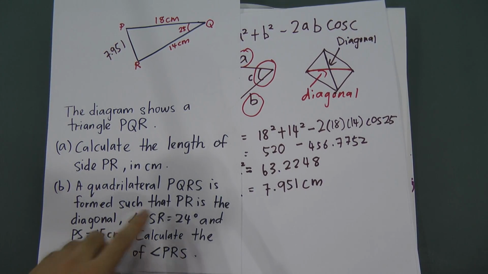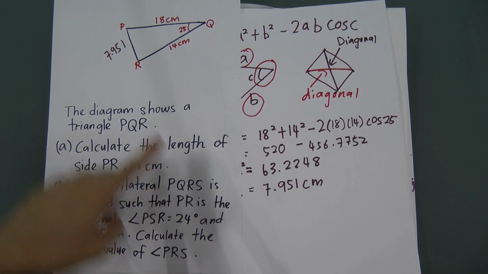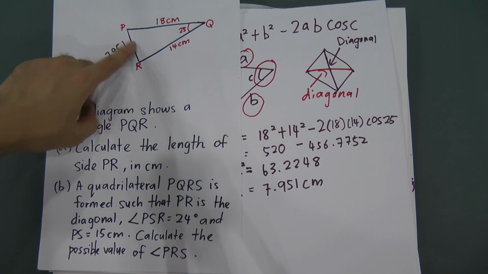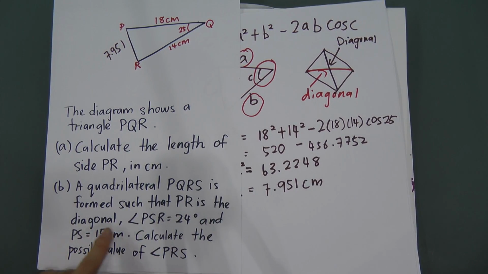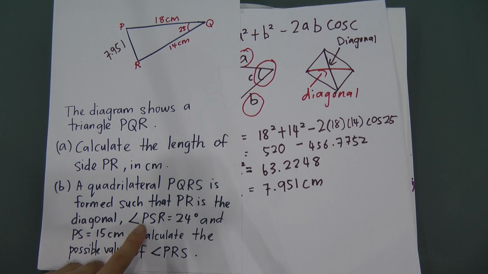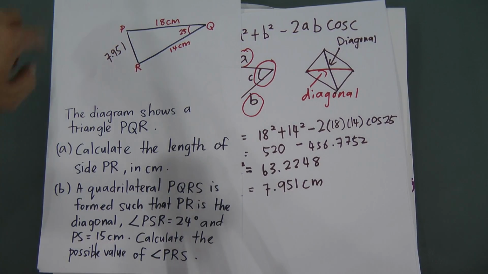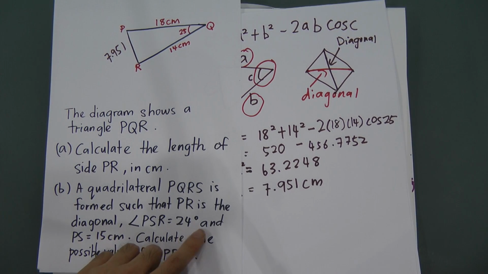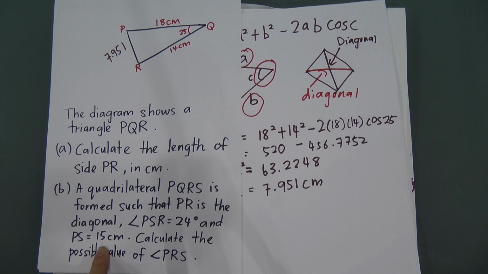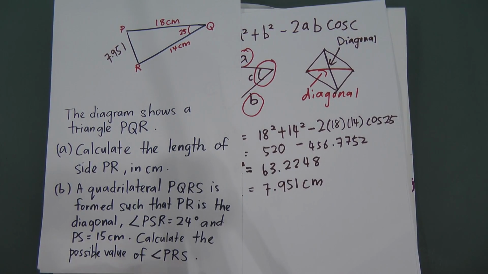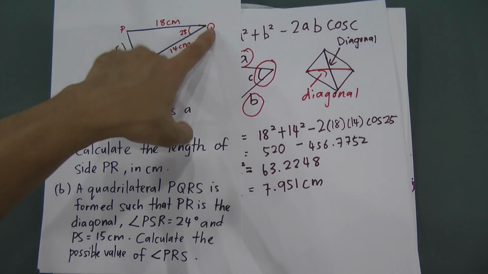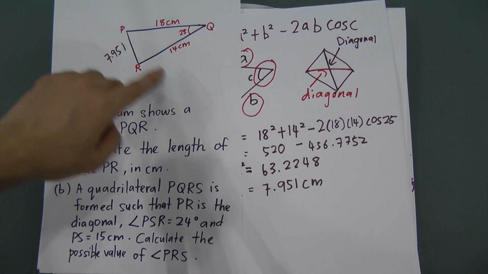So he says PR is the diagonal. And then he says PSR will be 24, so another angle PSR you will get 24, and PS has to be 15 centimeter. So calculate the possible value of PRS. Now for this triangle, we only have 3 points.